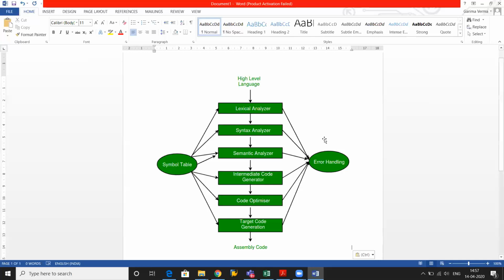And the second module that runs parallelly with all the phases of the compiler design is called error handling. So in today's lecture, we'll cover the error handling phase, right?